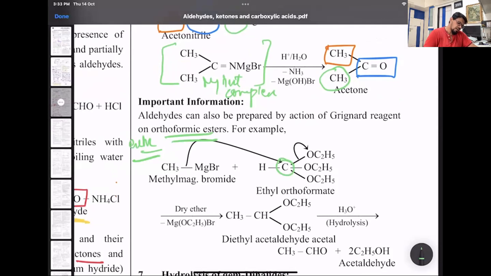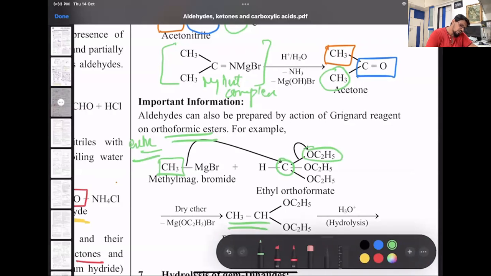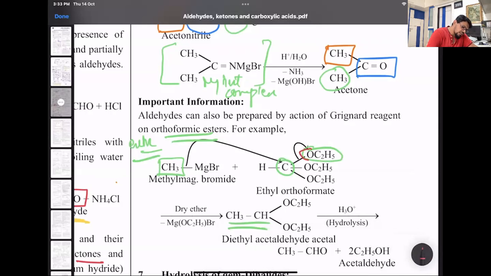The addition takes place as this methyl group gets added. So we get CH3CH(OC2H5)2, where one of the OC2H5 groups will go out as a magnesium salt, OC2H5 along with MgBr. That's a salt, what we call ethoxy magnesium bromide.